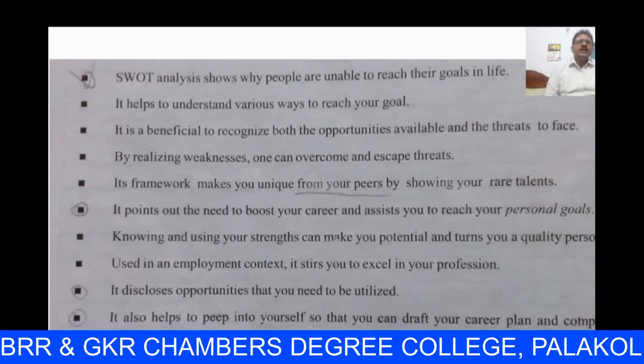Used in an employment context, it helps you excel in your profession. Not only your career, but your studies too. It leads you and makes you a good person. And it discloses opportunities that you need to utilize.